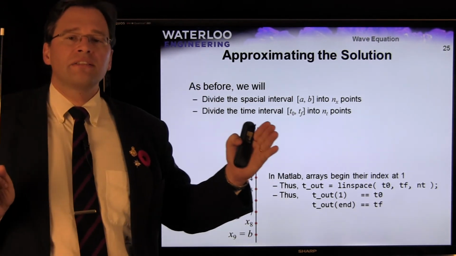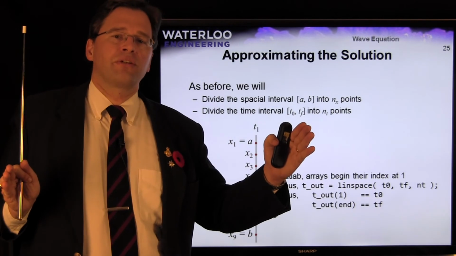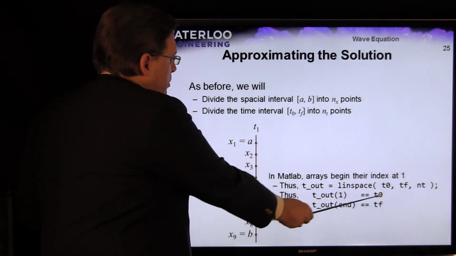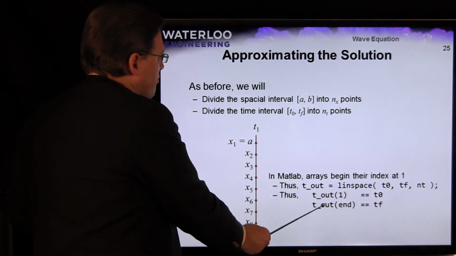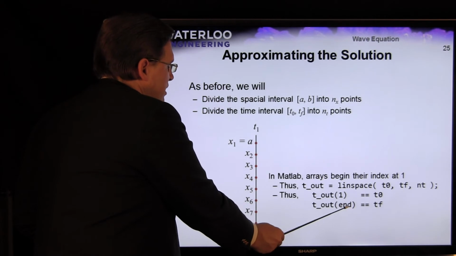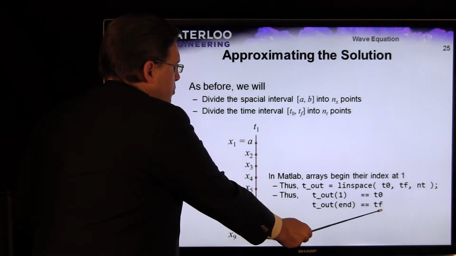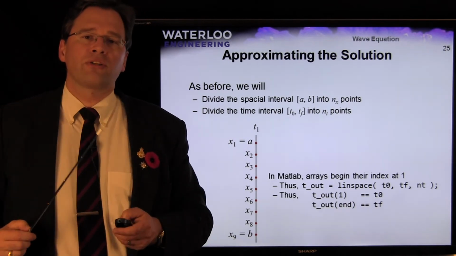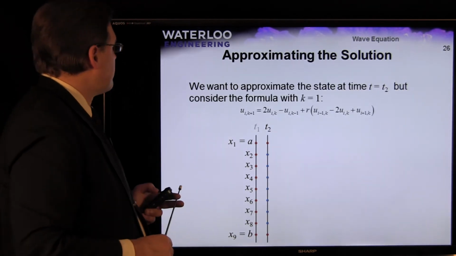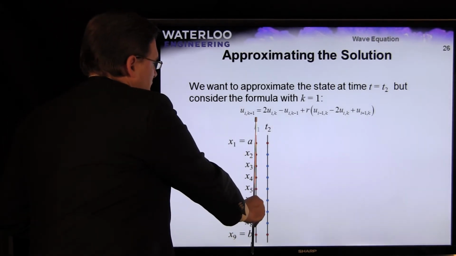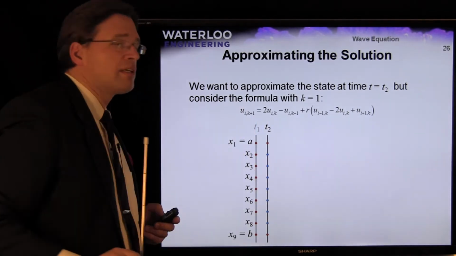Because the vector is indexed from 1 to n sub t, the first entry, t sub 1, will be our initial time. T sub out, the last point, will be tf, or t sub final, the last point that we are trying to approximate. Now, here we have the initial values at time t1. How about t sub 2?